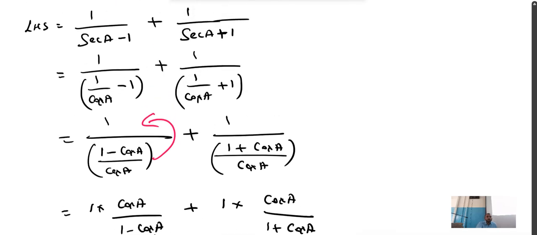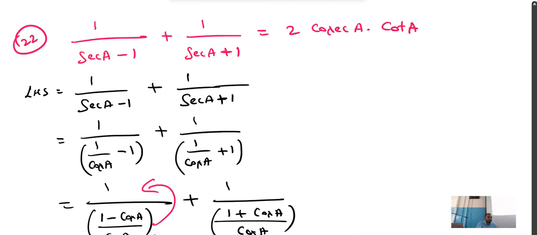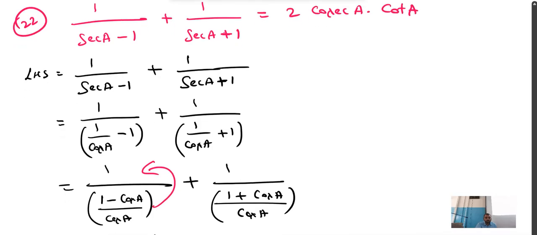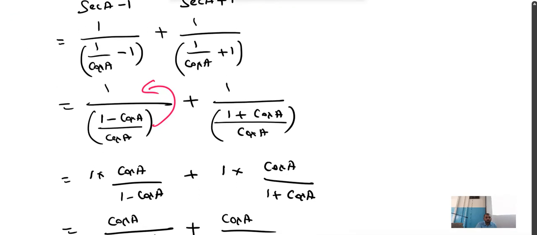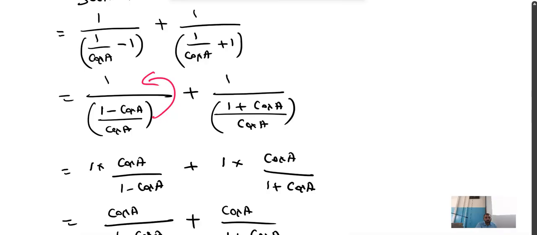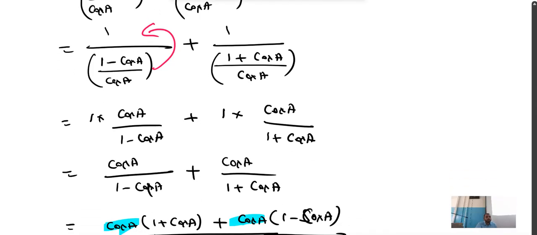Look at the steps. First, 1 by secant A minus 1 plus 1 by secant A plus 1. Right? Secant A is 1 by cos A. 1 by cos A. Correct. LCM: 1 minus cos A by cos A, 1 plus cos A by cos A. Cos A into 1 minus cos A. 1 into cos A by 1 plus cos A. Cos A by 1 minus cos A plus cos A by 1 plus cos A. Correct.